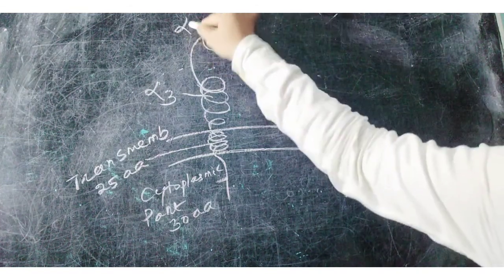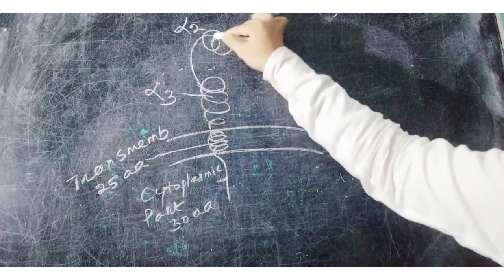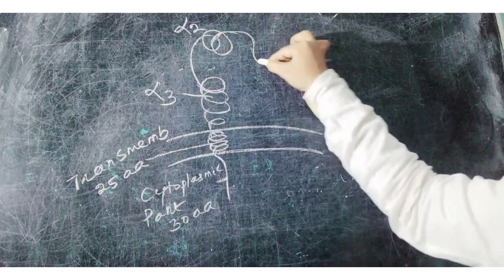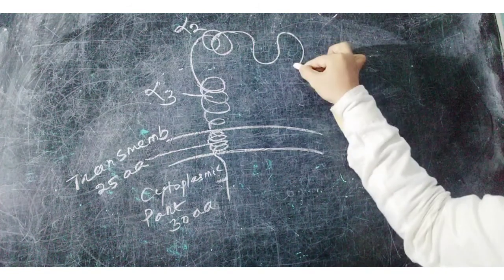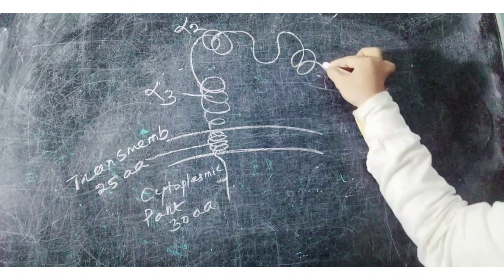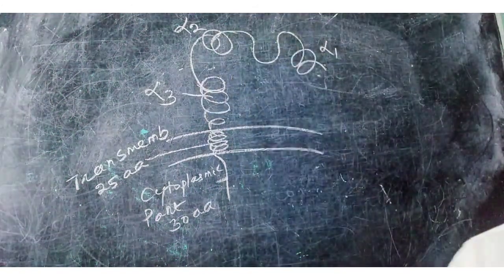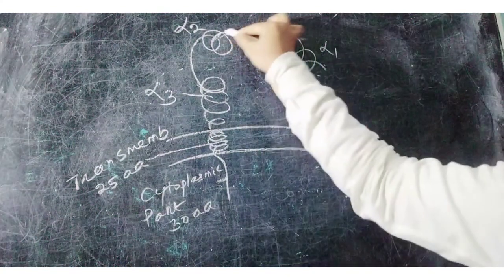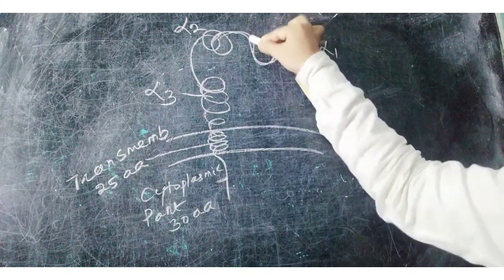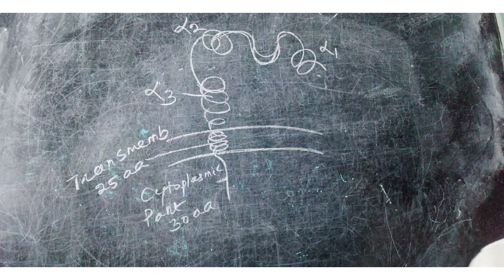The alpha 2 domain with alpha 1 forms a cleft, and I will describe how antigen binding takes place here.